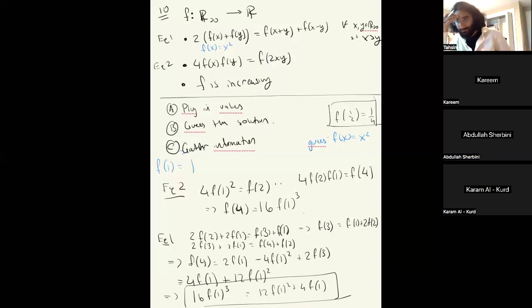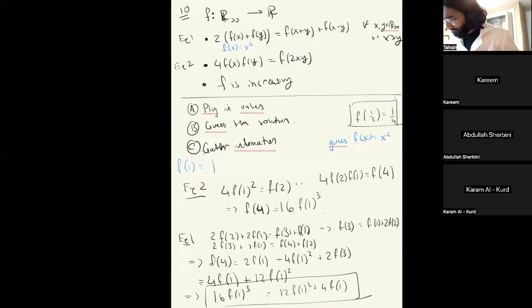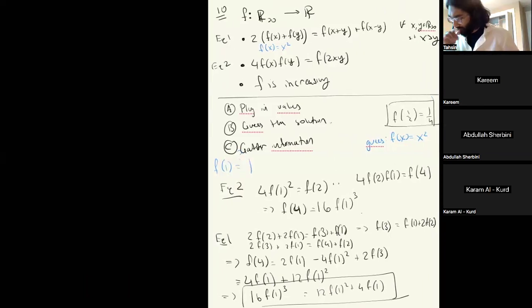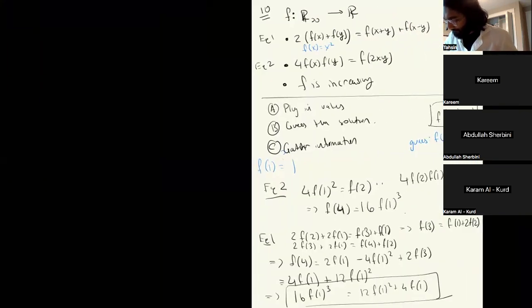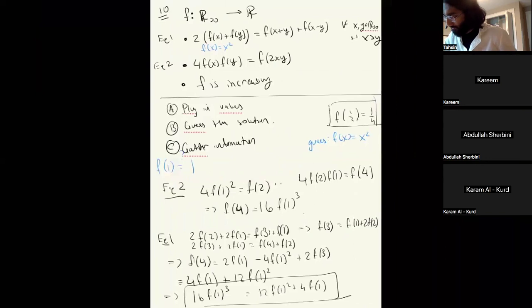Yep, we are following. Okay, good. So now what do we do with this? Maybe factoring 4f of 1. Yeah, right. So now what do we do from here? Good. So now maybe we can erase all of this.